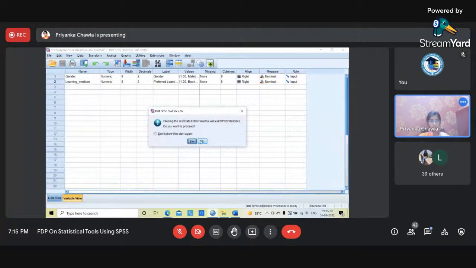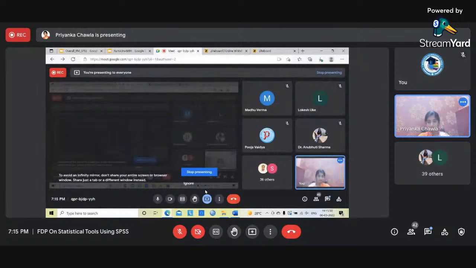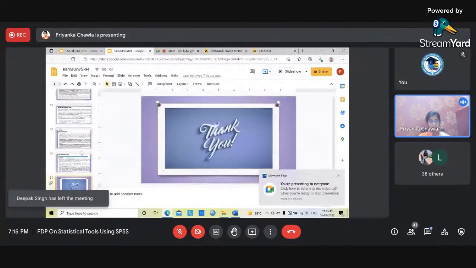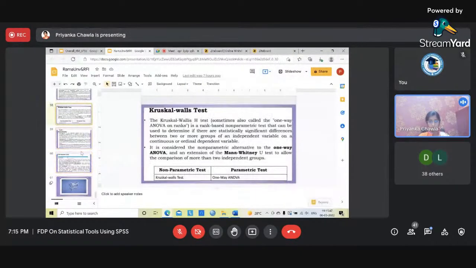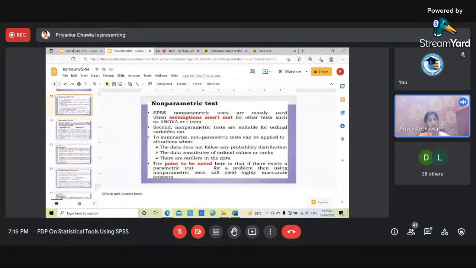So, non-parametric tests and which tool is best fitted for which type of variable or which type of data, I have completed this part. If you want to ask anything, any question from my part, it is completed. Chi-square is done. Kruskal-Wallis, Wilcoxon, and Mann-Whitney on non-parametric single variable is done.